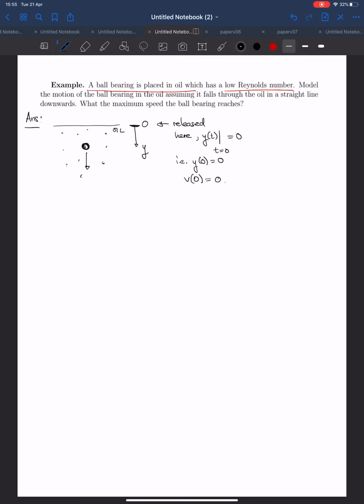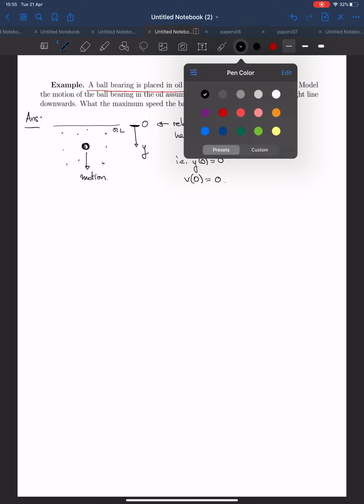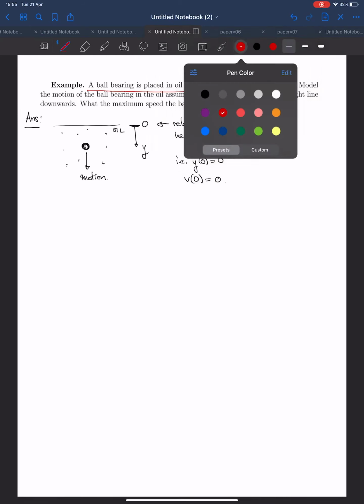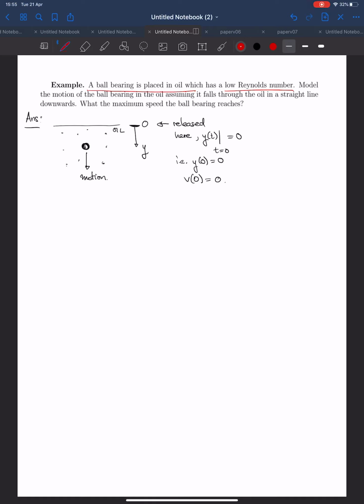So what is going on? Well, we have the motion going downwards. I have two things going on, so let's put on arrows that represent forces.